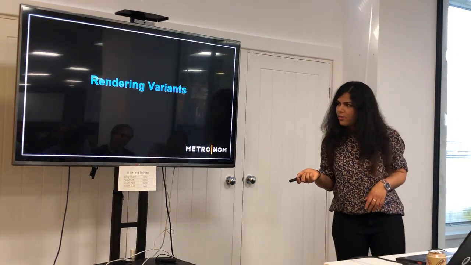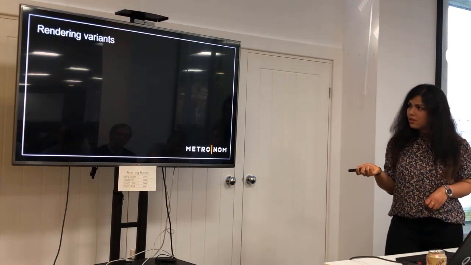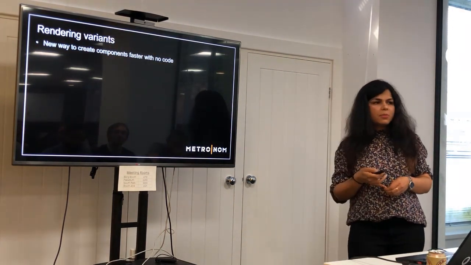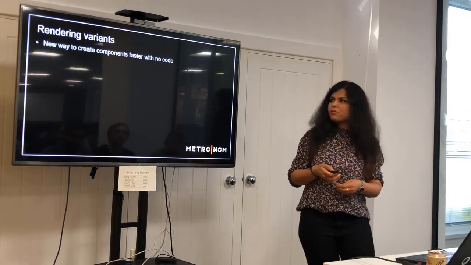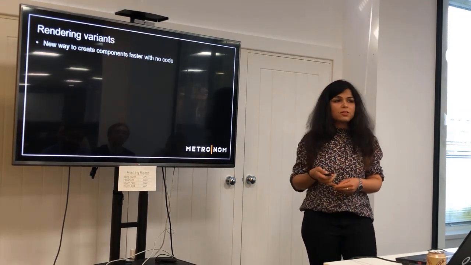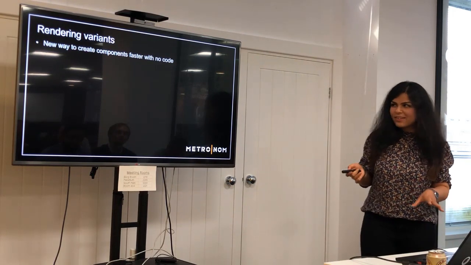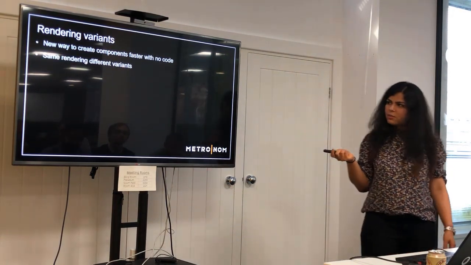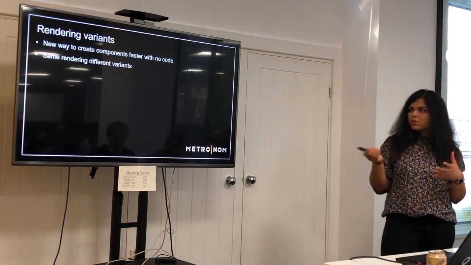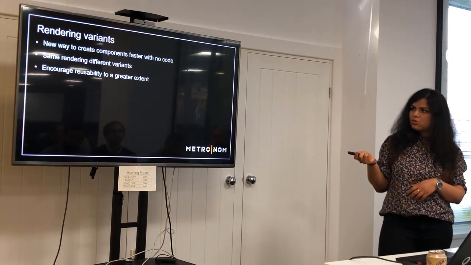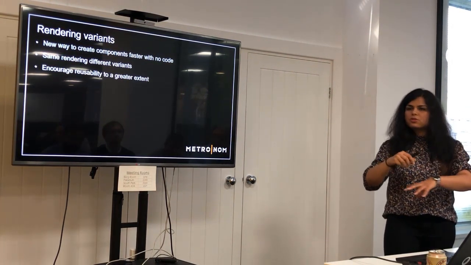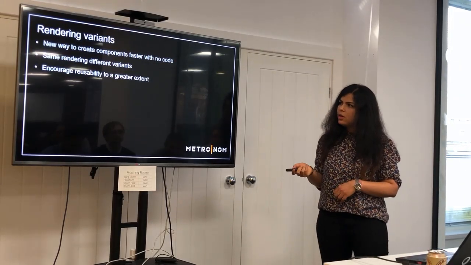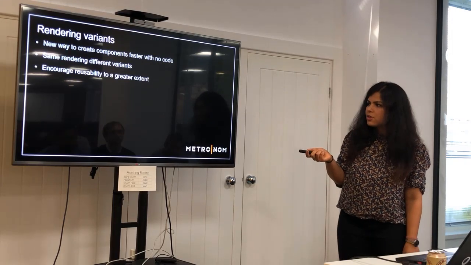Now, rendering variants. What are rendering variants? Rendering variants are basically the new cool way of developing the components faster with no code. So I mean it, no code. So rendering variants are basically pointing to the same rendering with different variations that you want to use with, say, I don't want to see this field, that field, so you can create a new rendering variant, and it's quite easy and fast.